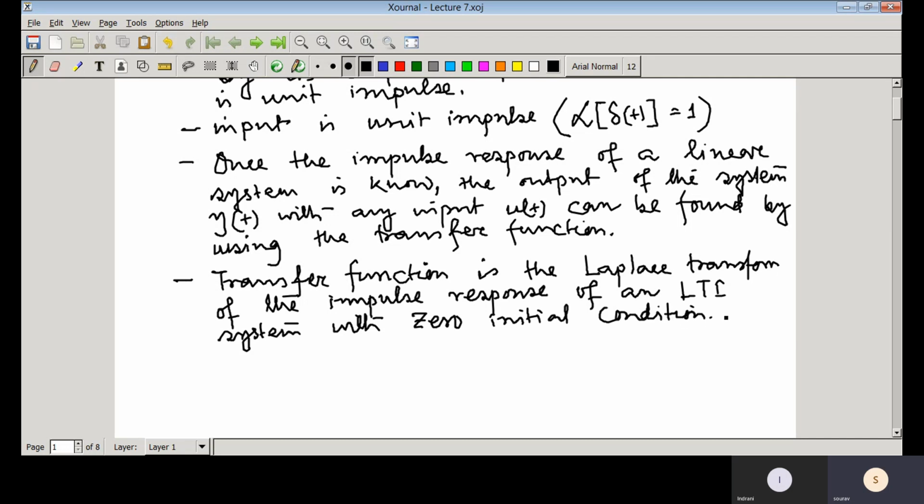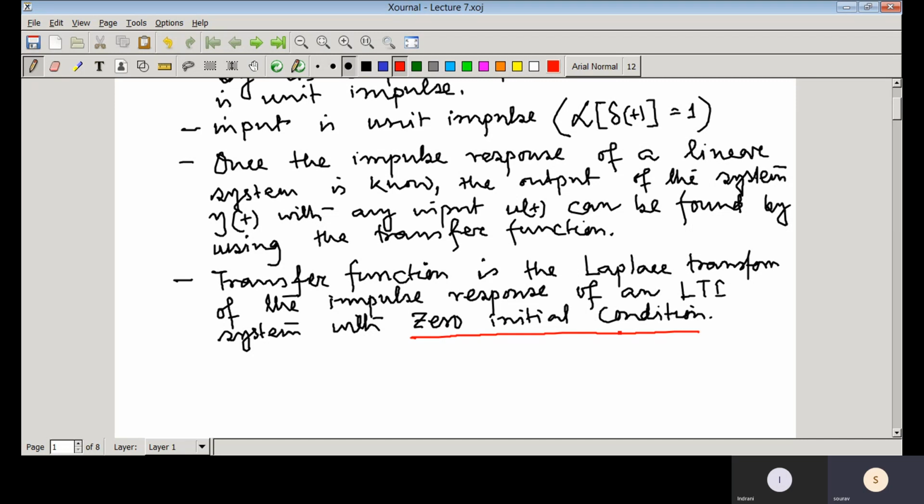So this is one of the disadvantages of using transfer function modeling, because in case of transfer function modeling you cannot capture the information related to the initial conditions of that system, because you consider all initial conditions are zero, the system is initially relaxed, then only you can model transfer functions.